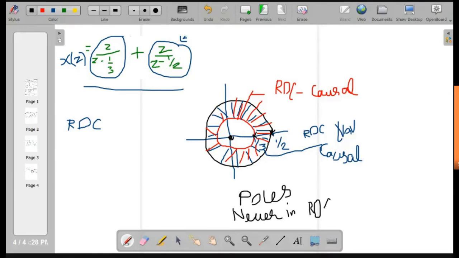So this is what you want to say. So when you are having all these things, we can easily understand the properties of the ROC. So what are the different properties?